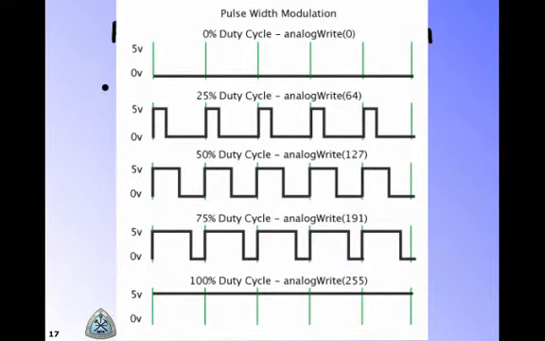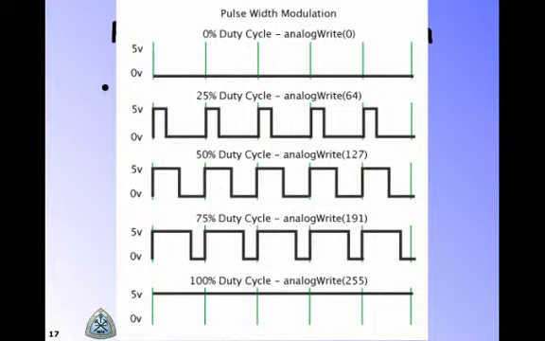Specifically in the case of the Arduino, we turn on and turn off the enable line to the H-bridge at a frequency that's so high that the motor can't respond instantly to it, but rather uses the average power sent to it to drive its windings and make it turn.